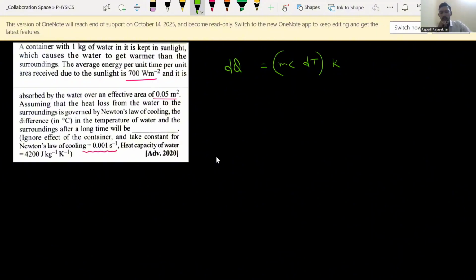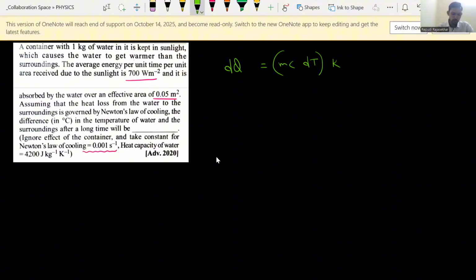Sir, how did this constant come? Because dq equals mc dt only. But if you apply Newton's law equation, that is dq by dt equals e sigma a t b power 4, then a constant will come. That constant I have taken as k. If you take k directly, you can save time and substitute directly, and you will get the same result. Right.